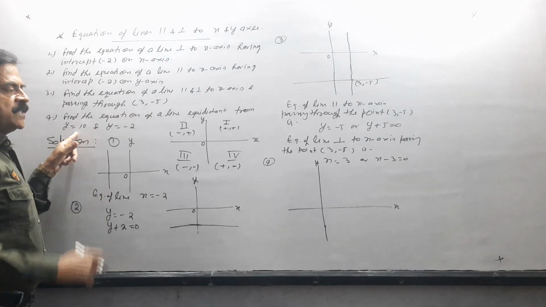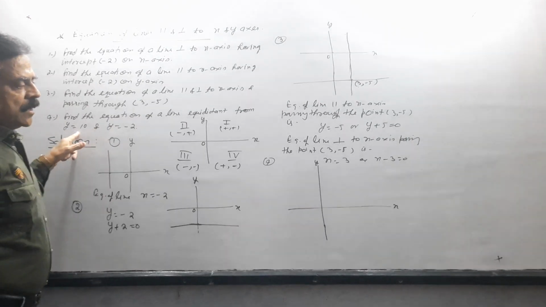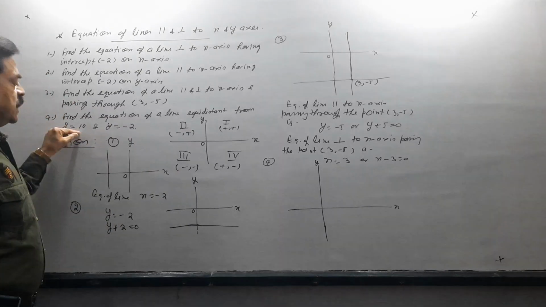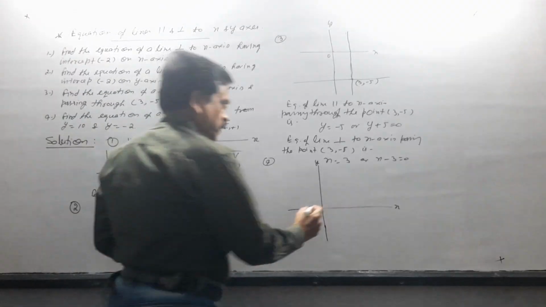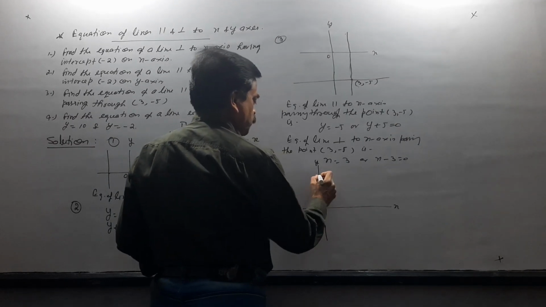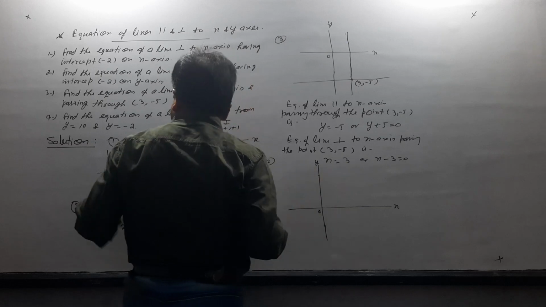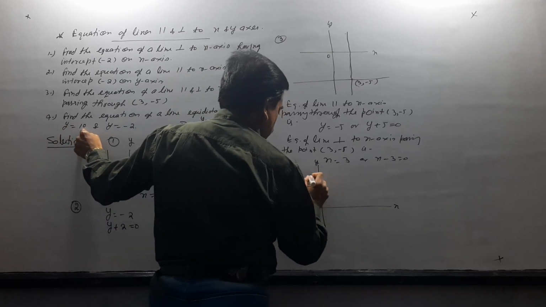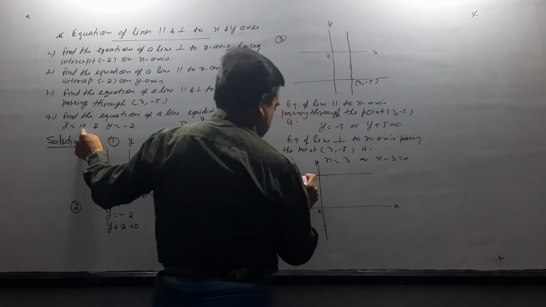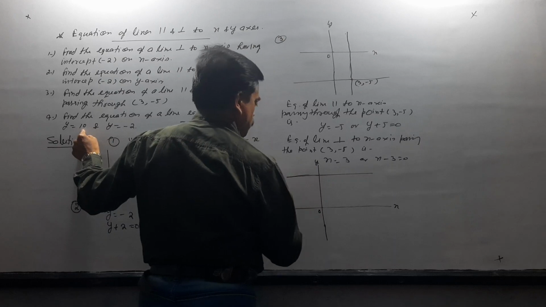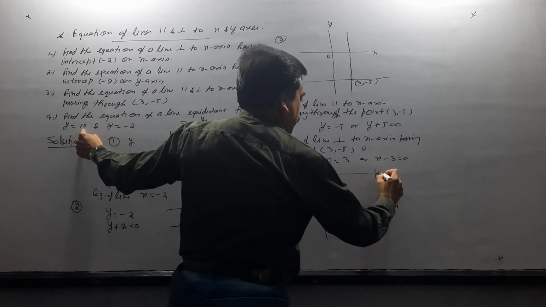Y equals to 10 is a line parallel to x-axis above the origin at a distance of 10 units from origin. This is origin, and suppose here distance is 10 from origin to this point. So equation of line y equals to 10 is this.